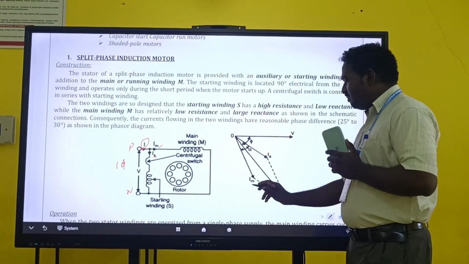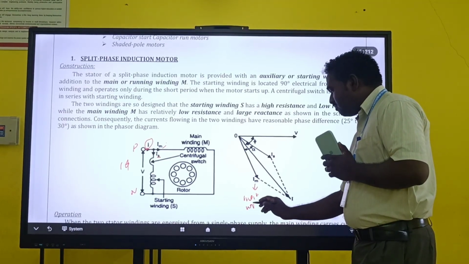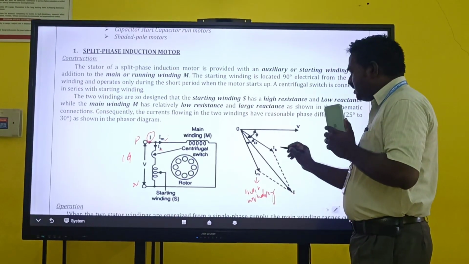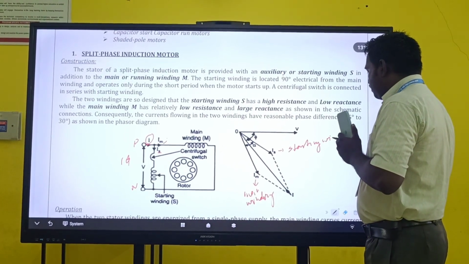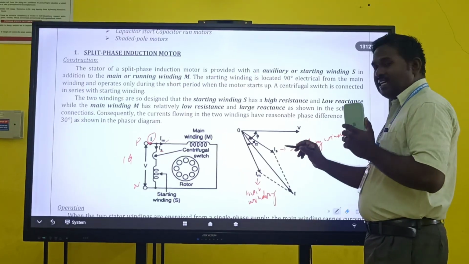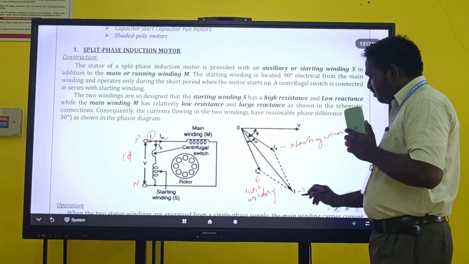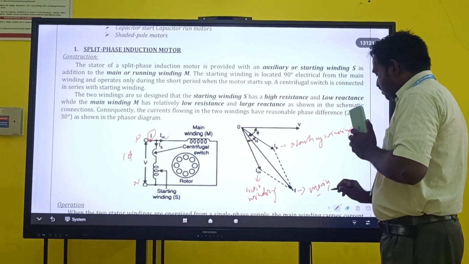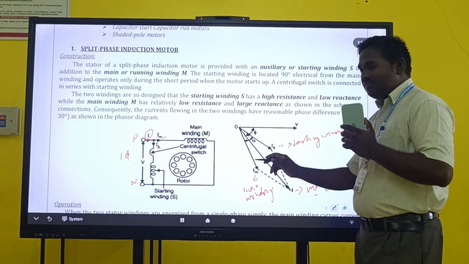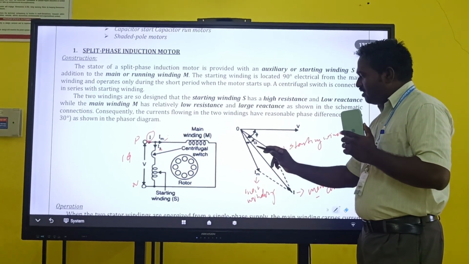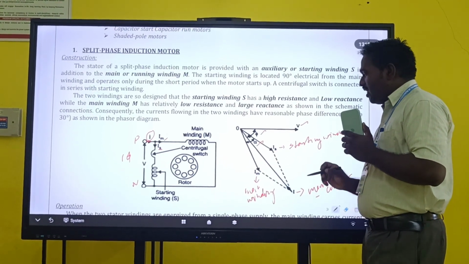In the phasor diagram we can see the main current in the main winding, and the current in the starting winding. The vector sum of those two currents is the main current. The difference between the phase of IM and IS is alpha, and the phase difference between the main voltage and the main current is phi.